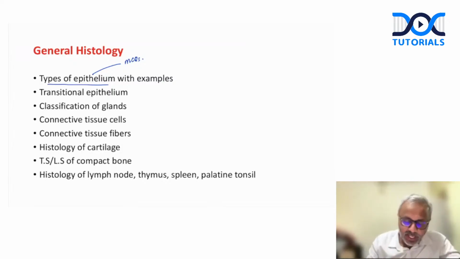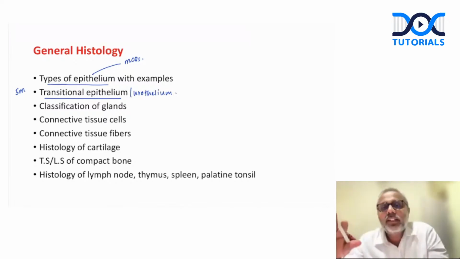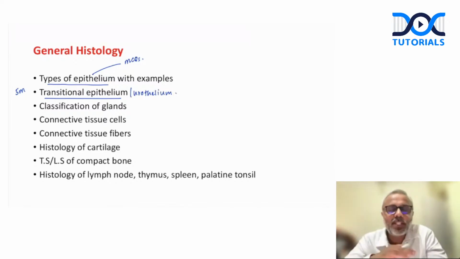Okay. Then in the chapter of epithelium, if there is one question that is very frequently asked as a 5-marker or even a 3-marker question, that is the transitional epithelium, otherwise referred to as the urothelium, right? Among the epithelial tissues, this is the one very frequently asked as a 5-marker.